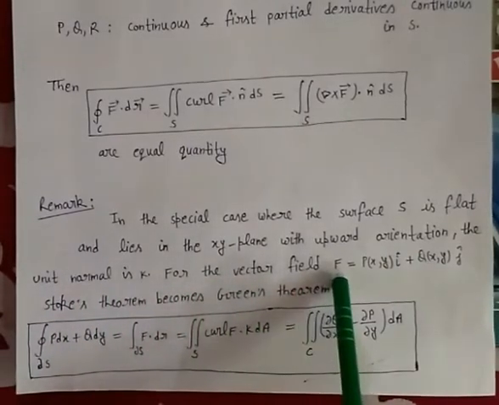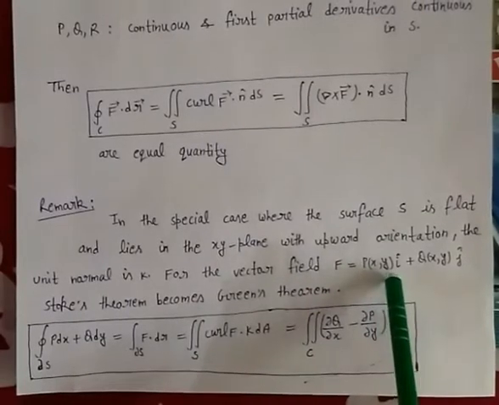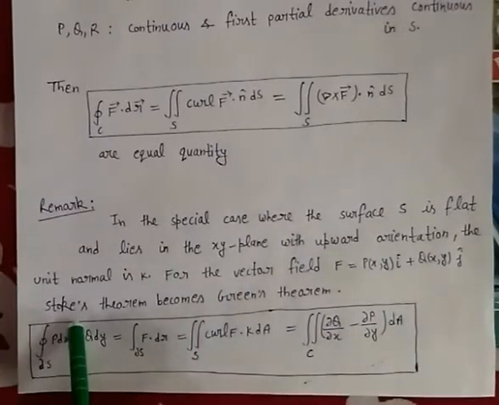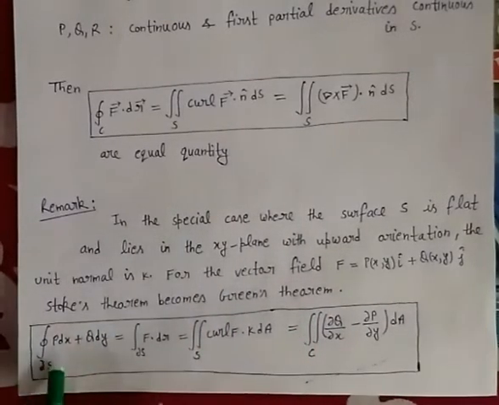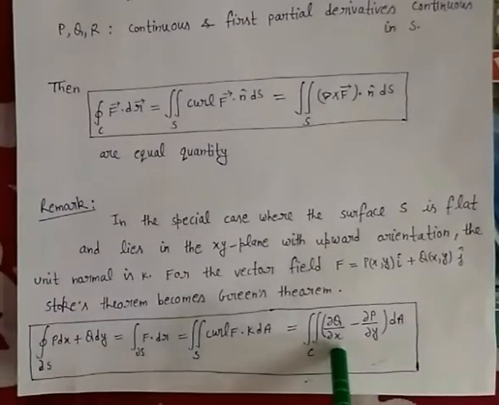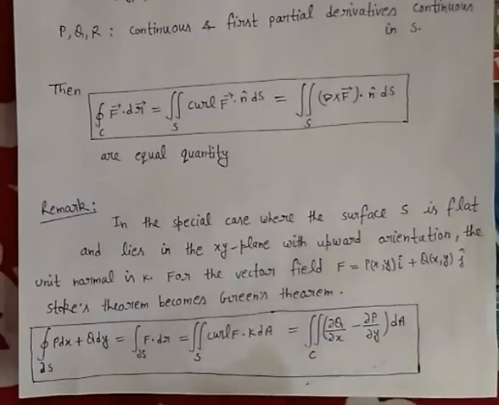For the vector field F, with P a function of x, y i cap plus Q a function of x, y j cap, Stokes theorem becomes Green's theorem. These are the conditions. Now we are going to solve this question.